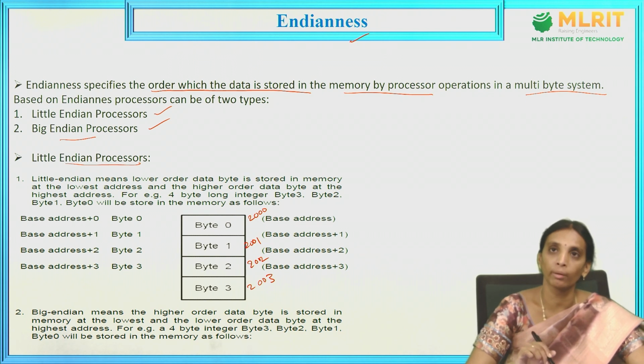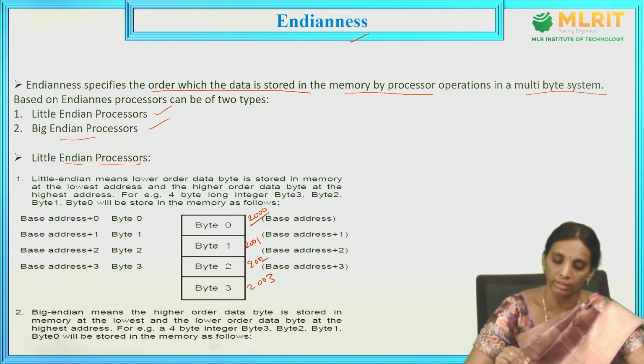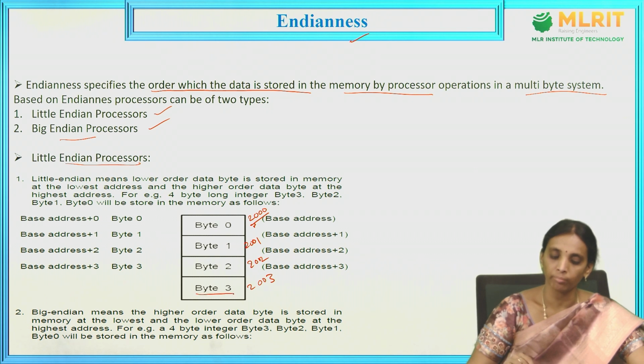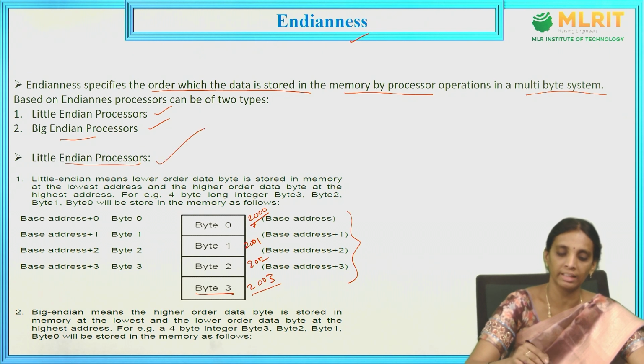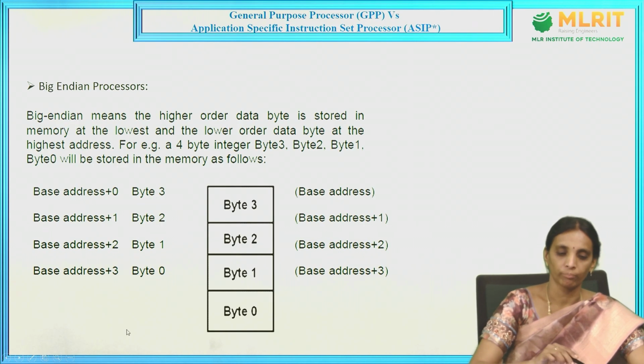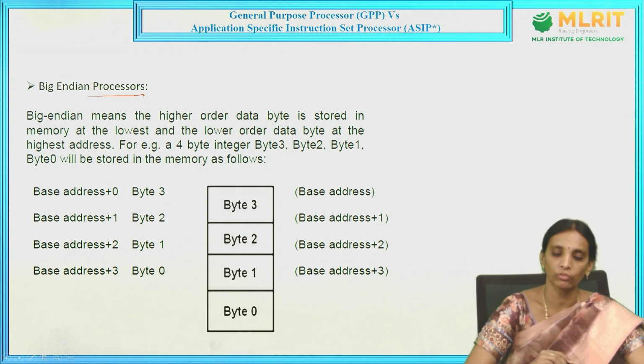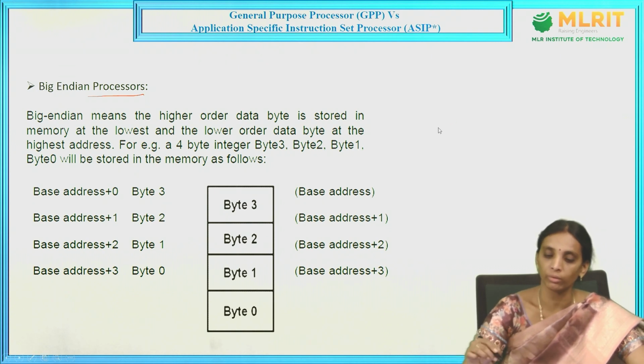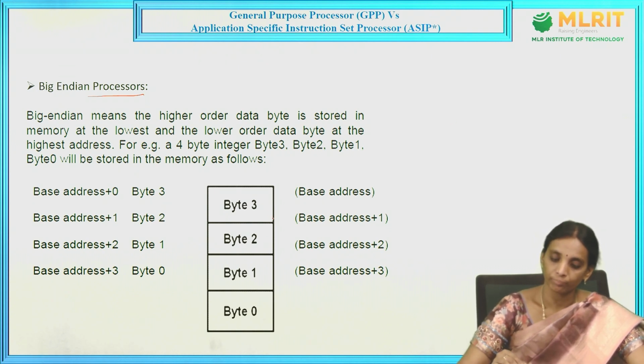The lower order byte of the data is stored in the lowest memory location and the higher order byte of the data is stored in the highest memory location. This type of process is called a little endian processor. Another one is the big endian processor, in which the higher order data will be stored in the lower order.